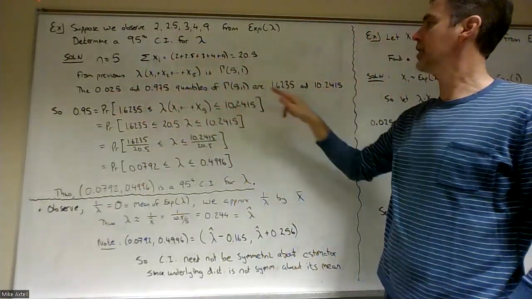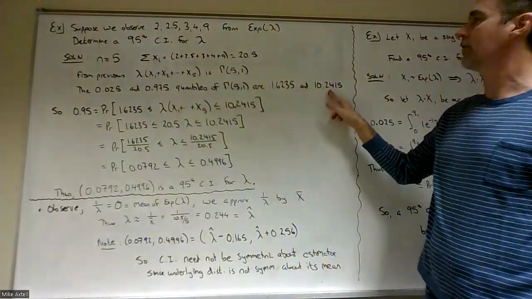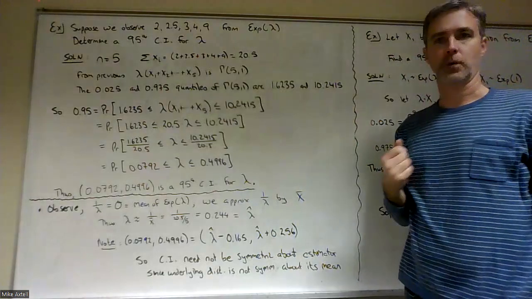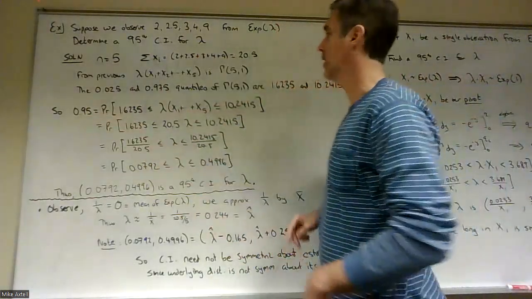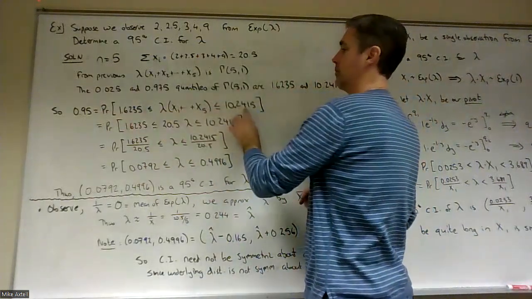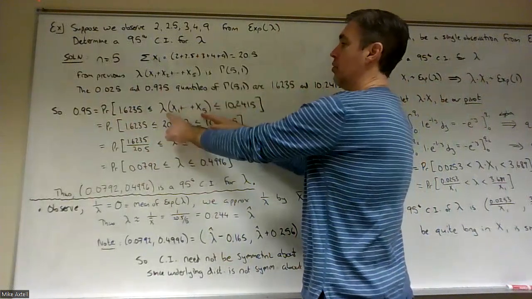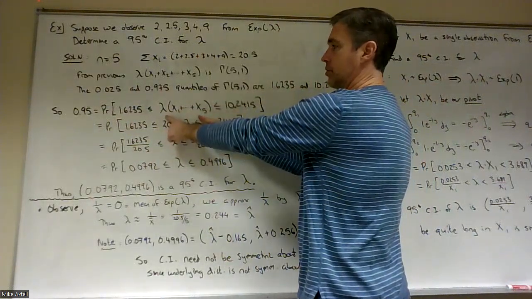It turned out it was 1.6235 for the 0.025 and 10.2415 for the 0.975. That means that 95% of the area of this gamma distribution is between the 1.6 and the 10.2. And we know this monstrosity in the middle follows the gamma 5-1 distribution.